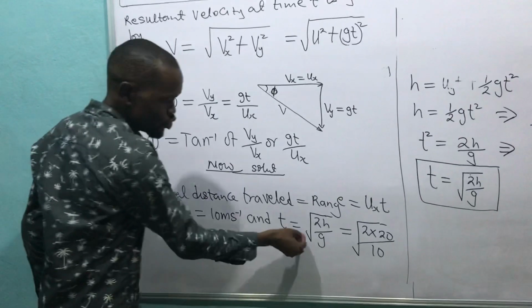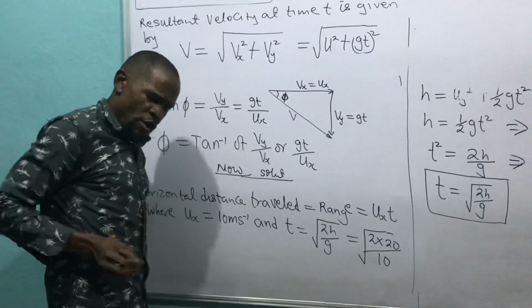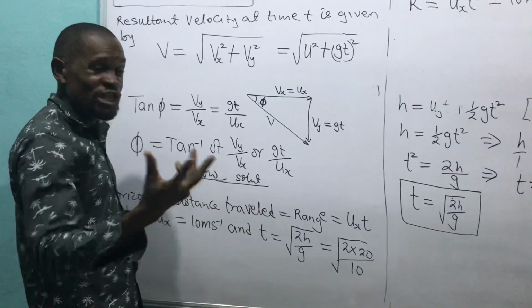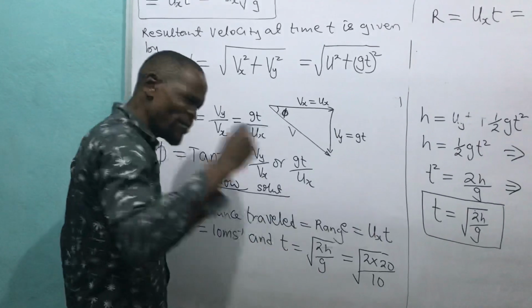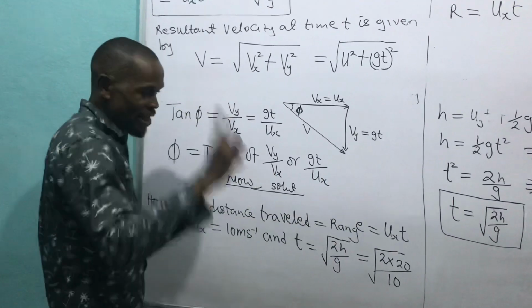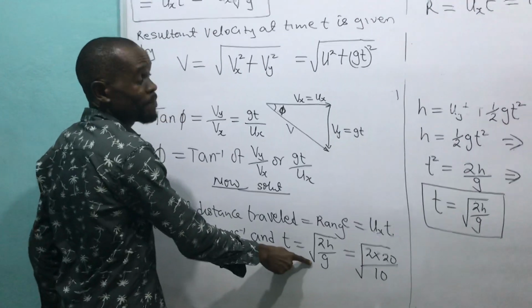These things I needed to put in my brain anytime we are asked that an object is thrown horizontally from a height. That's the only thing they will change. They will change the values, but the statement will be the same. The statement is: thrown horizontally from a height. Then we have to note this, the time it will use to land, number 1.